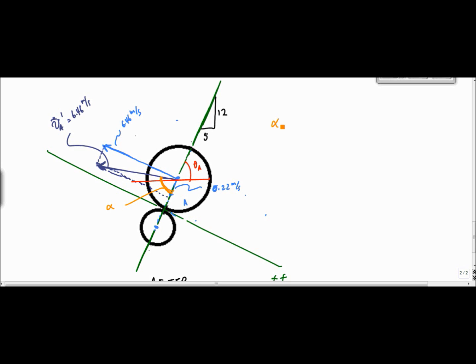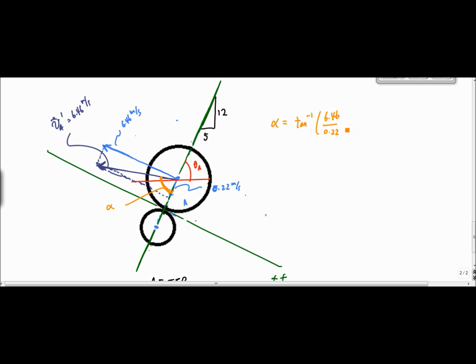Alpha is equal to tangent inverse of the opposite, which is 6.46. So this side right here is 6.46, divided by 0.22 meters per second.